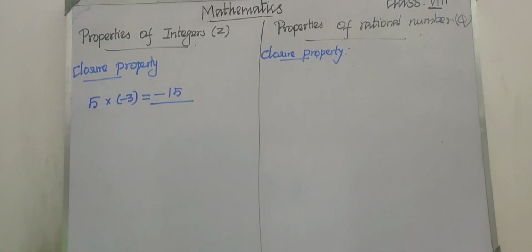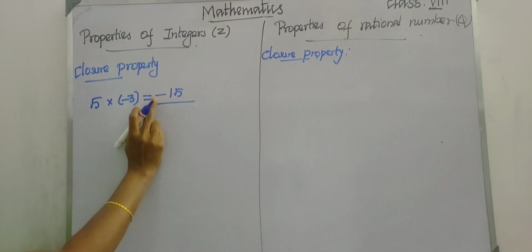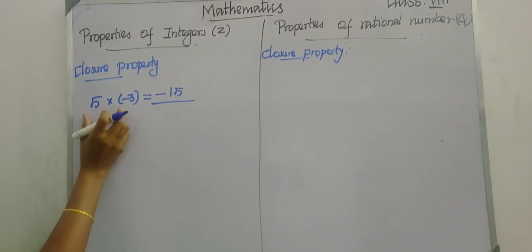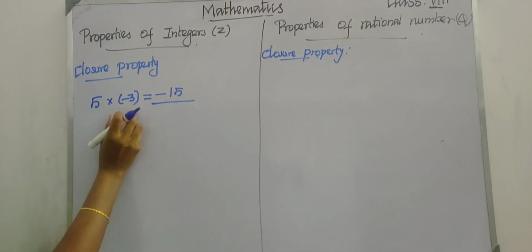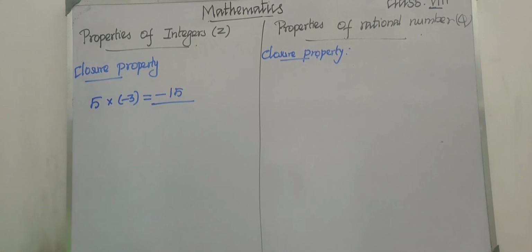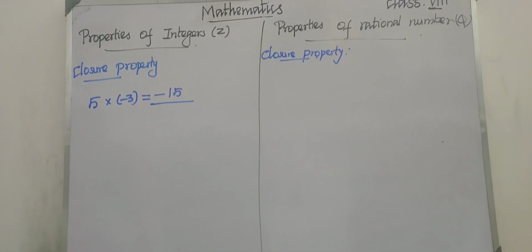So the answer we are getting is also an integer, a negative integer. Is it, children? So while multiplying two integers, we got the answer also as an integer. So we can say multiplication of integers is closed. It holds closure property.